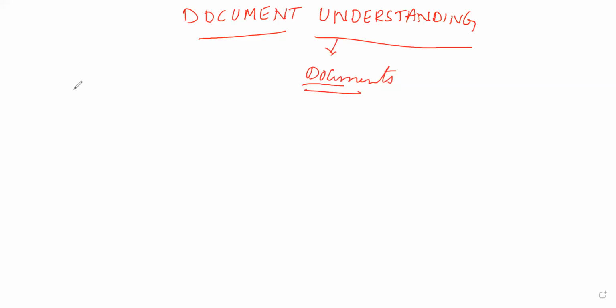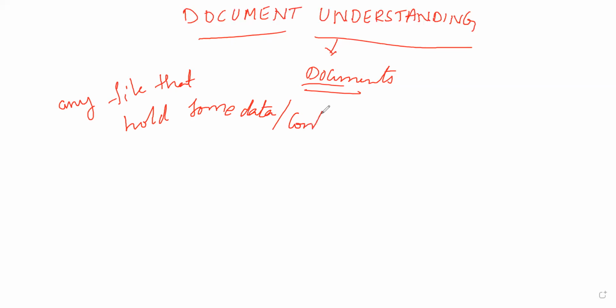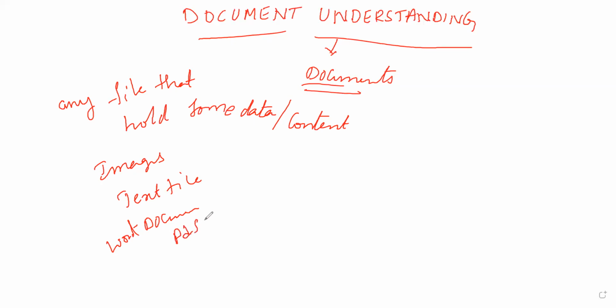So what are documents? Documents, we can say, any file that holds some data or content. So it can be images, text files, document files like Word documents, or PDF files.